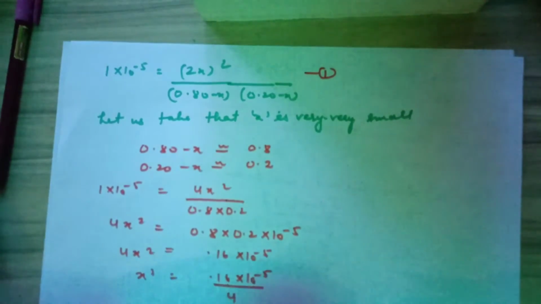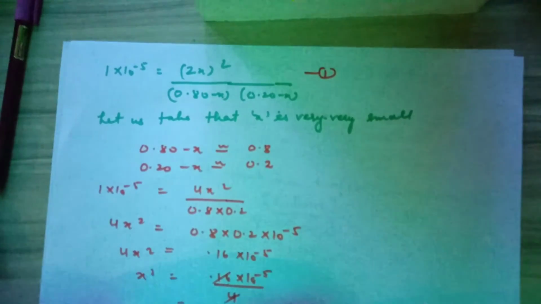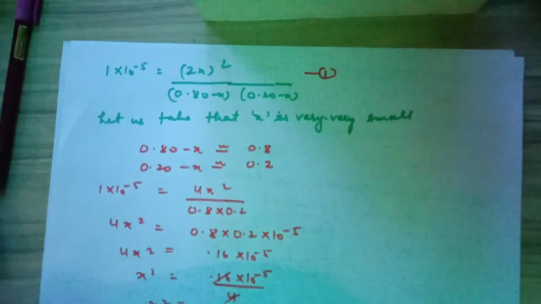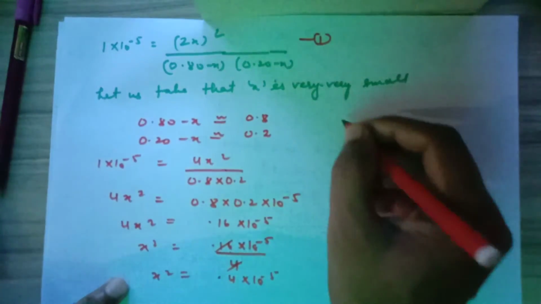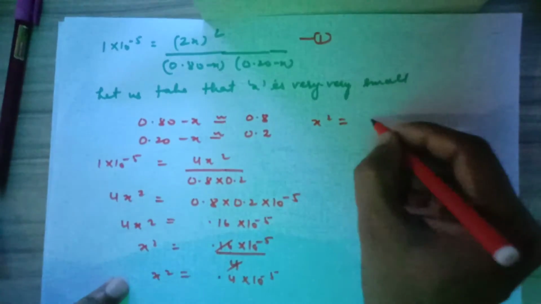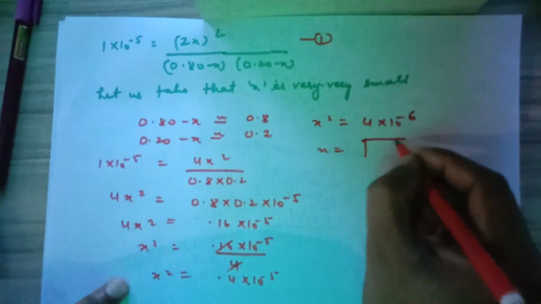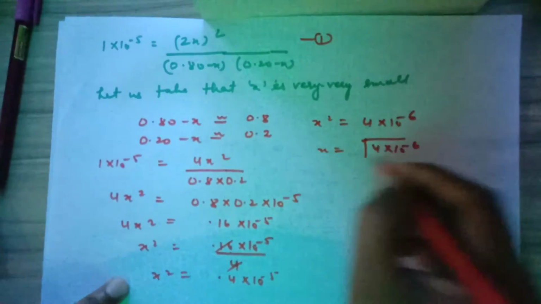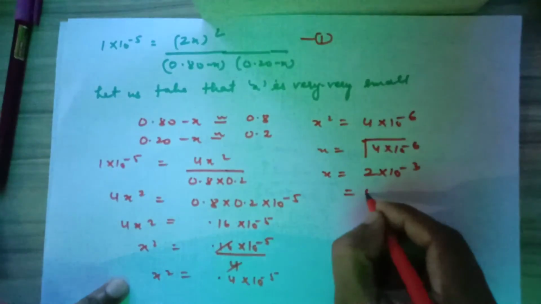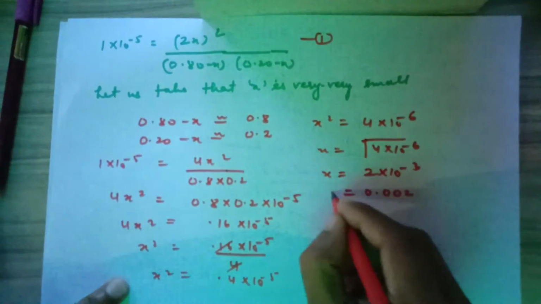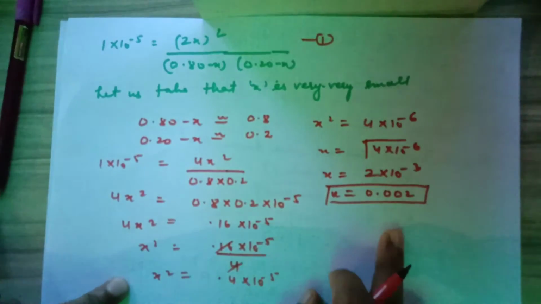Now after solving, we'll get 0.04 into 10 to the power minus 5 as x square, which is 4 into 10 to the power minus 6. So x will be the square root of 4 into 10 to the power minus 6. It means x is equal to 2 into 10 to the power minus 3, which can be written as 0.002. Now we get the value of x.